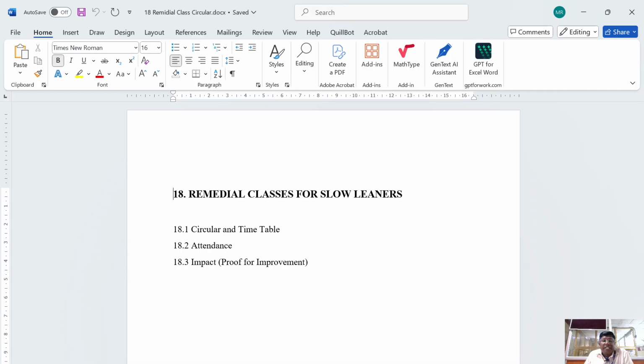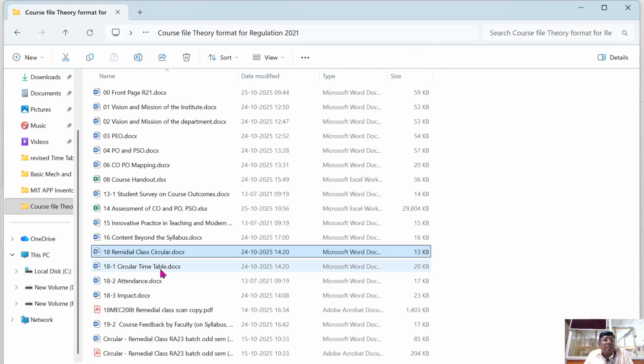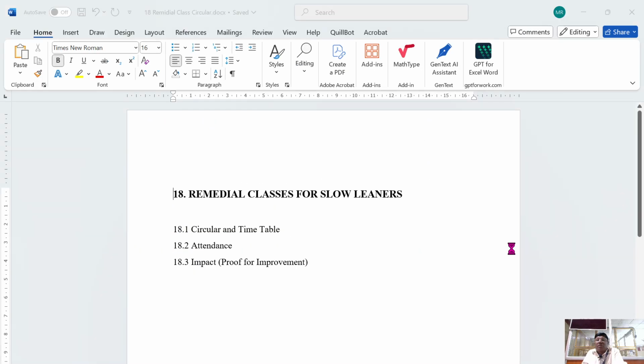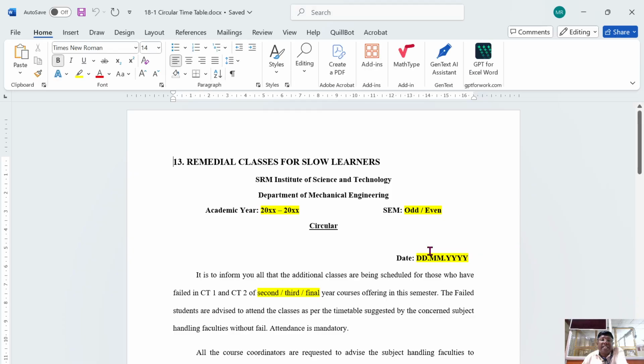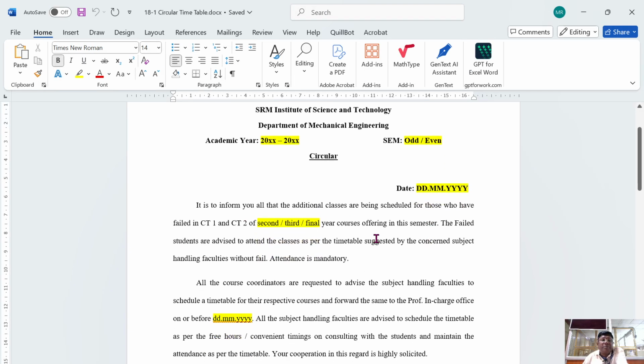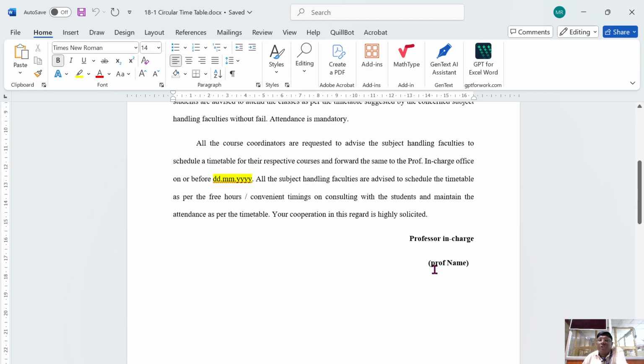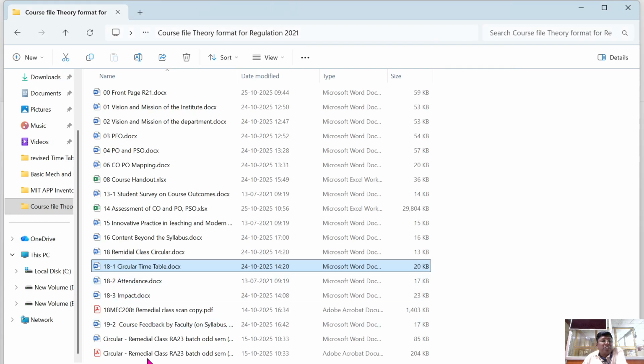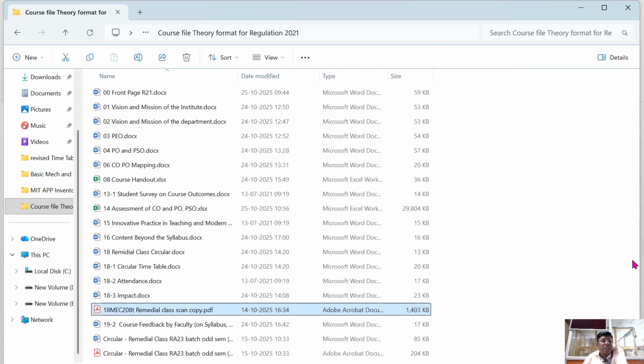The model circular is given in the content sheet. It should be signed, stating which year, date, and month, and it should be signed by the professor in charge.